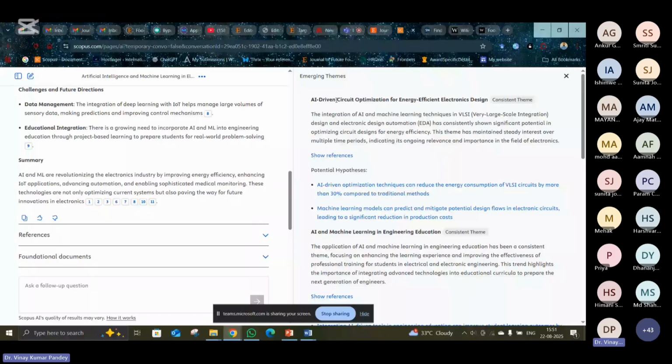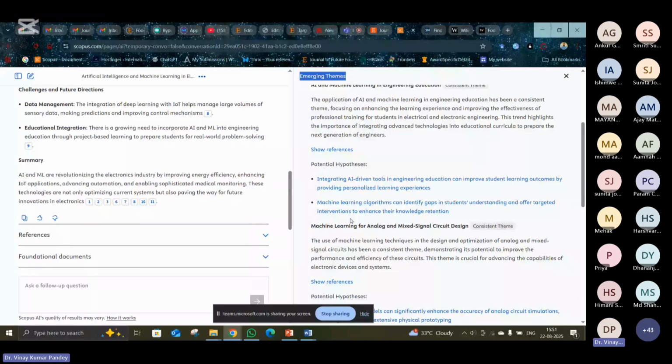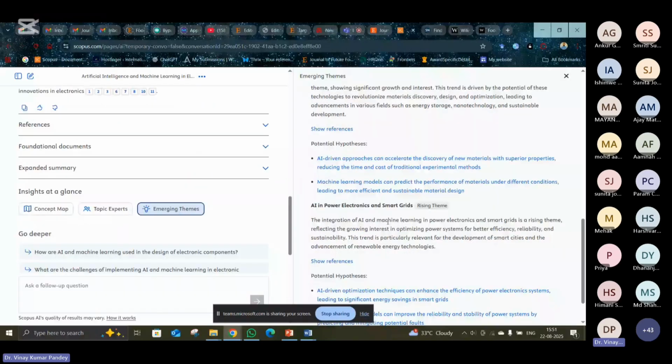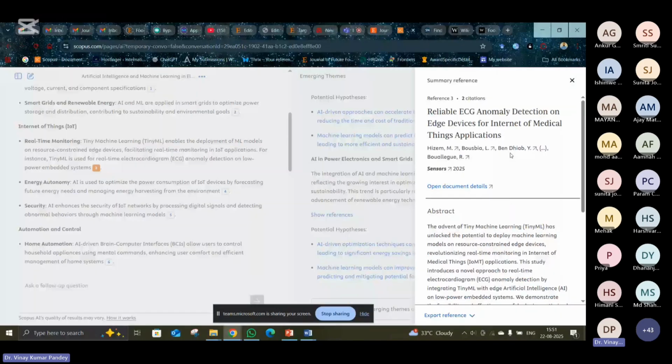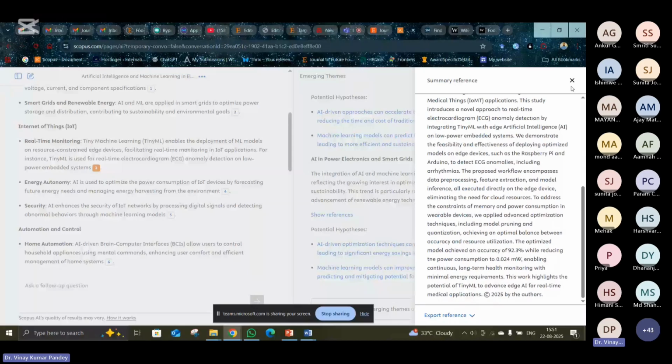Emerging means trending. Now it has given lots of topics. Again, you can find material science, energy and engineering. You can also see that there are references they have given. You can click on that and get the reference over here. You can find this paper on Google and read it. So this is how Scopus AI works.